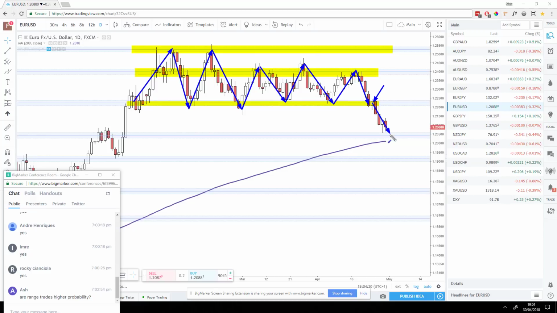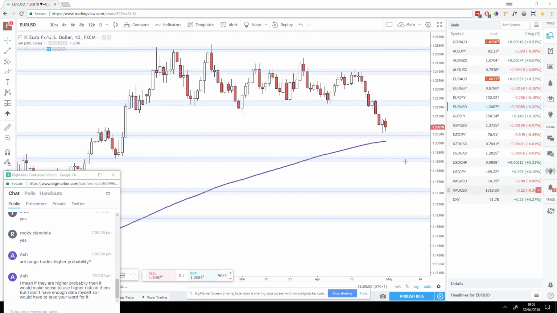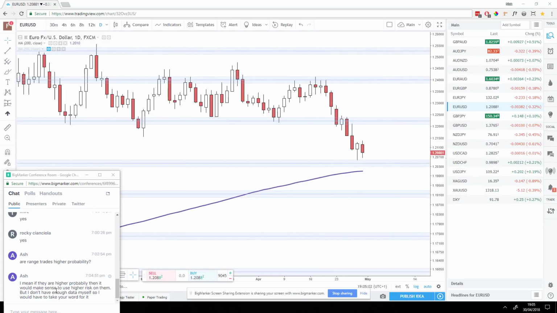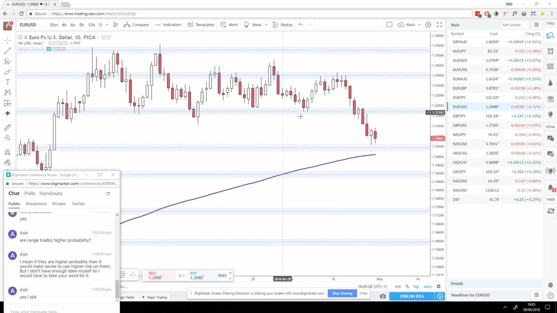I waited for the daily, so I never got in this one because I was looking for a daily setup. I think you got into it, Ash, didn't you? But yeah, I said on the forum or in the analysis that I was waiting for the daily. So I never ended up getting into this one, luckily, because it didn't work out. So, obviously they don't always work out. Nothing always works out, but ranges are pretty high probability.